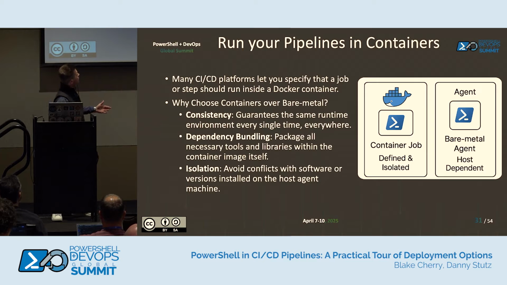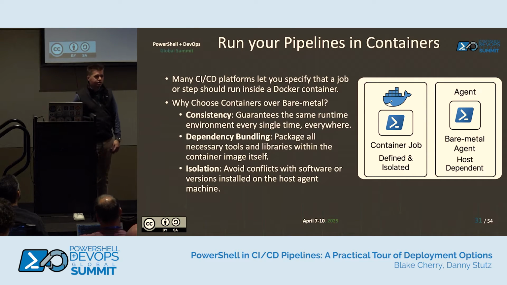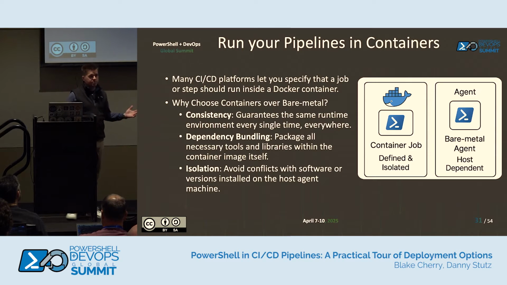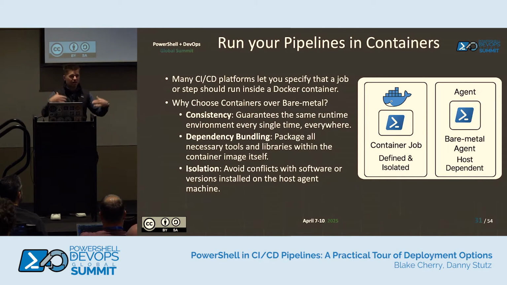Now you can also use containers as an execution environment for your pipeline code. So there are several advantages to doing this. First and foremost, you guarantee that consistency of your execution environment. So every time you run your pipeline, you know exactly what that environment looks like, you know what dependencies are installed, and you're confident that it's going to work as compared to running on a virtual machine.